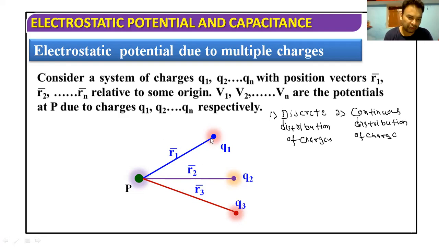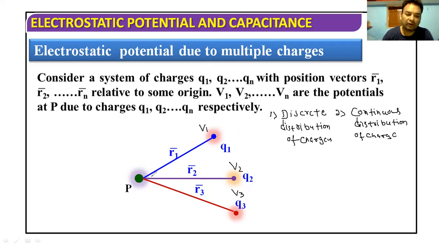So we know from our earlier case that each charge has a potential at this point P. Due to Q1, the potential will be V1, due to Q2 the potential will be V2, and likewise due to Q3 it will be V3.